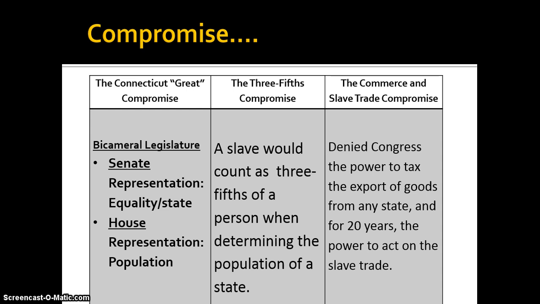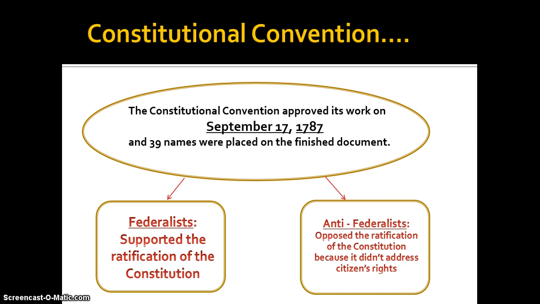And so the North had to kind of appease the South and dangle a carrot, and they said, if you sign and ratify the Constitution, Congress will not have the power to act on the slave trade for 20 years. So it was a 20-year deal that the South knew that their economic and social system would be intact. This led the South to also ratify eventually the Constitution of the United States.